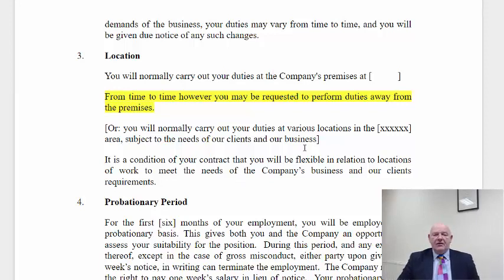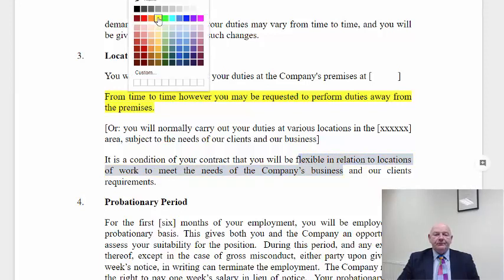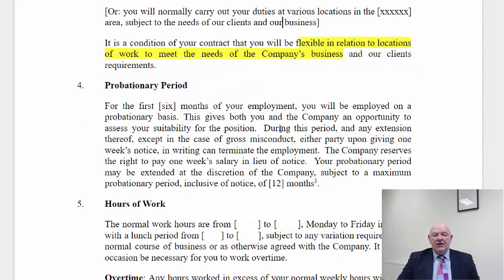It's important, though, that you put the location in relation to the job in the contract, and it's also important that you put in a clause providing for geographical flexibility. In other words, that the employee will be flexible in relation to locations of work to meet the needs of the business. So that's important, the location.